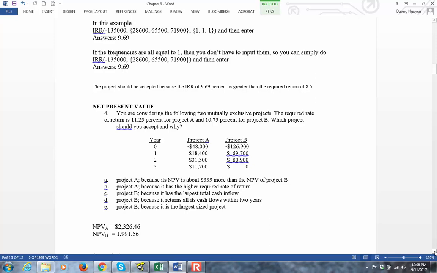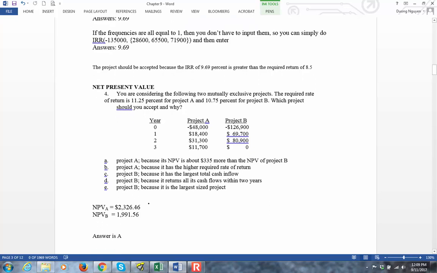So for this question, the best way is to calculate NPV for A and calculate NPV for B. Very similar to the previous question, use the financial calculator, and you get NPV for A is 23.2646, for B is 19.9156.